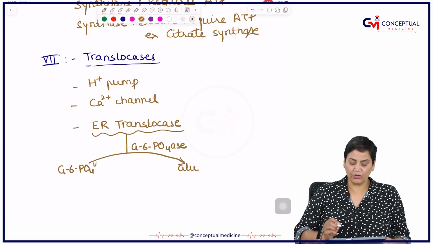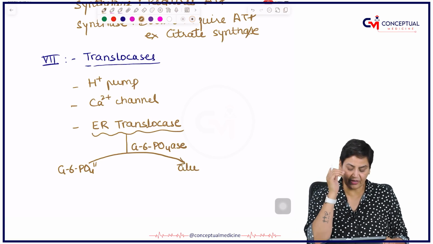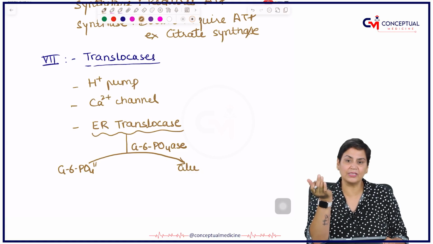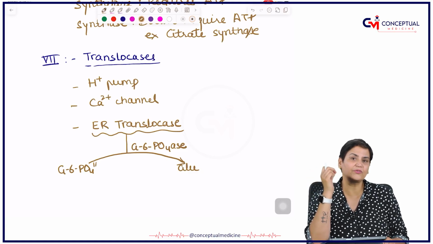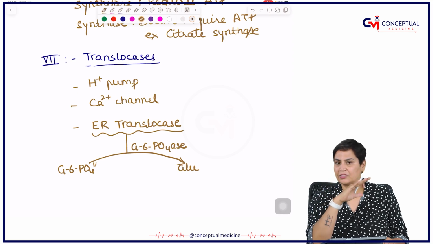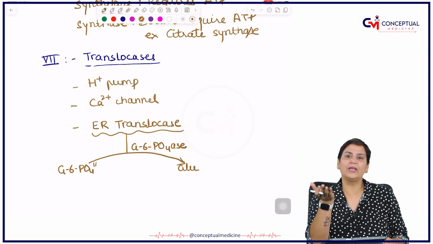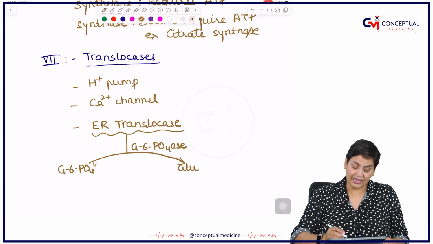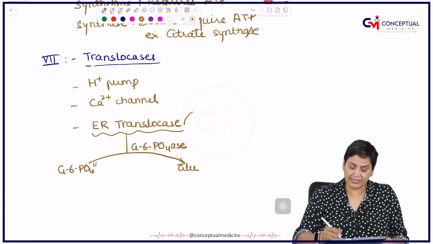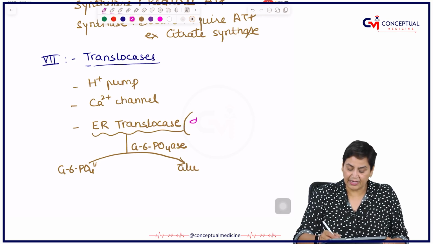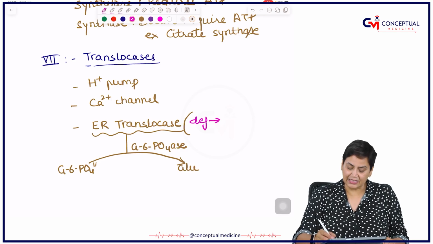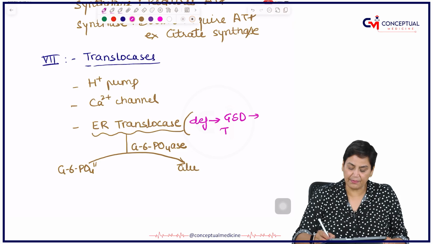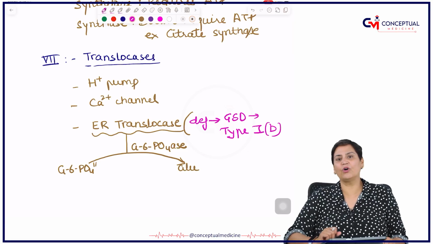So basically what happens is that once glucose 6-phosphate is produced, it is converted into glucose in the presence of the enzyme glucose 6-phosphatase. So this is transferred from the cytoplasm to the endoplasmic reticulum. For this it requires this translocase. And again, if this endoplasmic reticulum translocase is absent, deficiency of this leads to glycogen storage disorder type 1b, which actually mimics von Gierke's disease.